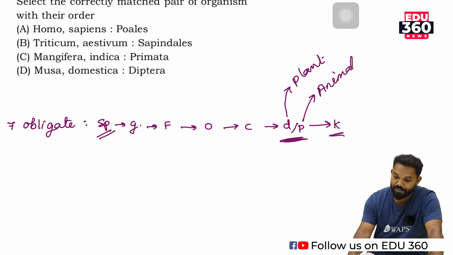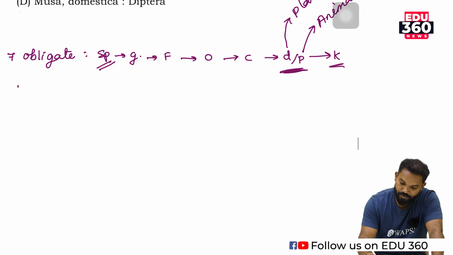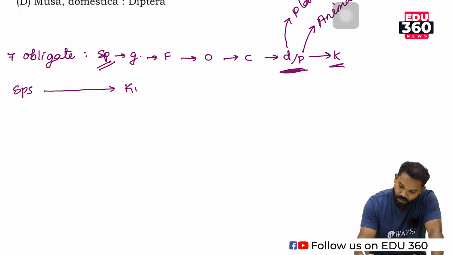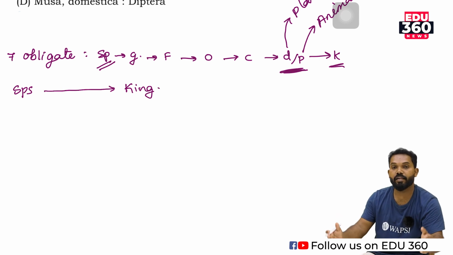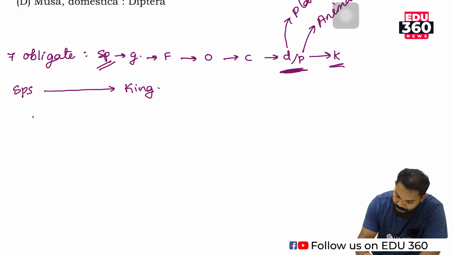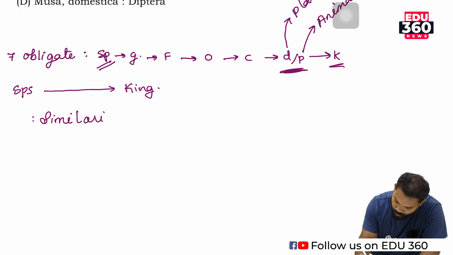Then from species to kingdom, what are the characters? From species to kingdom, similarity among organisms. This one is very important.